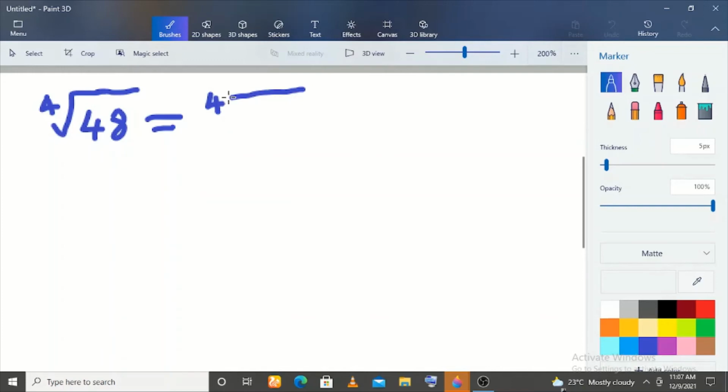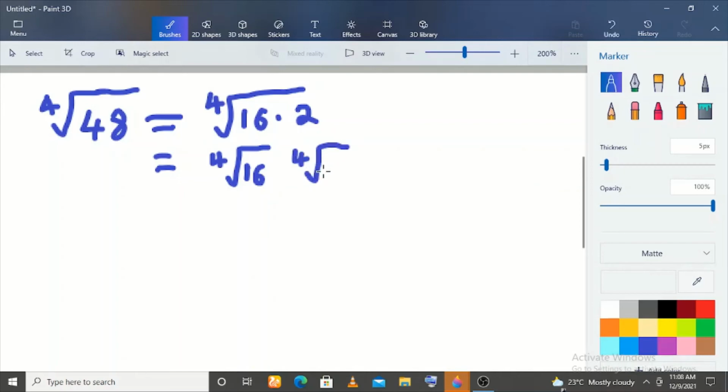So what you do, you have 16 multiplied, remember this dot is a multiplication sign, by 2.